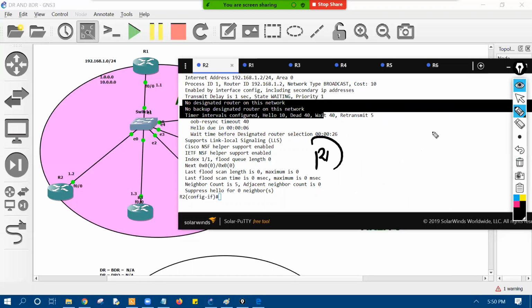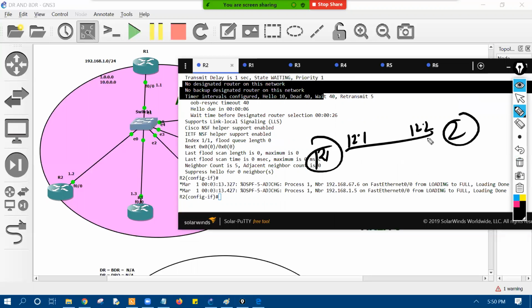R1, R2. R1 has a link to LR1, R2 has a link to LR2, right? This interface is saying that I'm the DR. But in the neighbor table, there's no BDR. What is the meaning of that? Batao. R2 is elected the DR, and in the information there's no BDR.